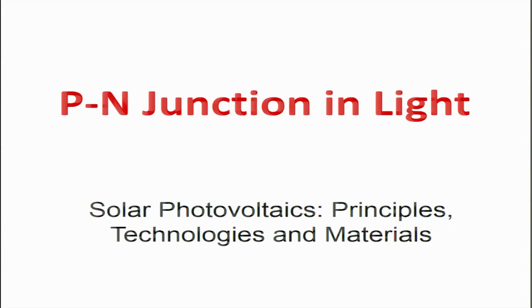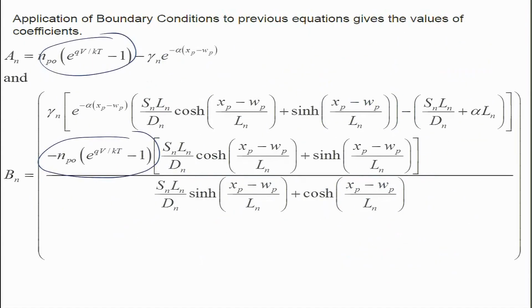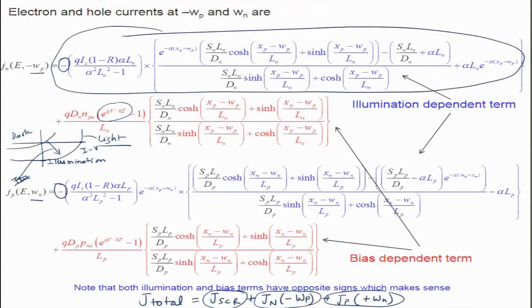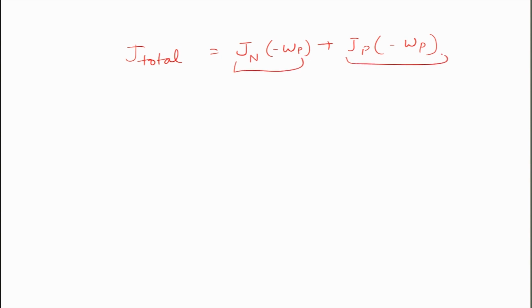When I was explaining this particular point, I said earlier that J total was equal to Jn at minus Wp plus Jp at minus Wp. It is easy to calculate this, but it is not easy to calculate this, because carriers will immediately diffuse away.